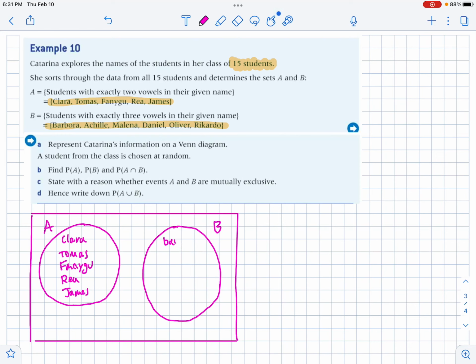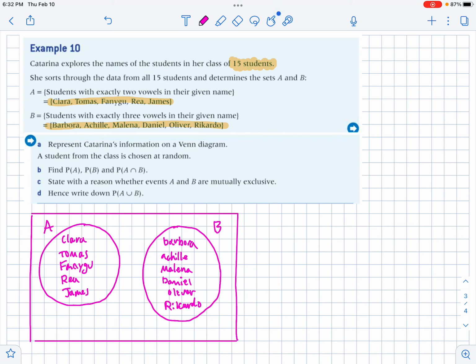The other is Barbara, Akil, Melina, Daniel, Oliver, and Ricardo.